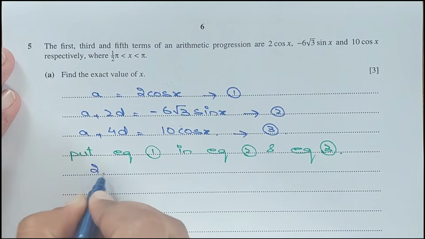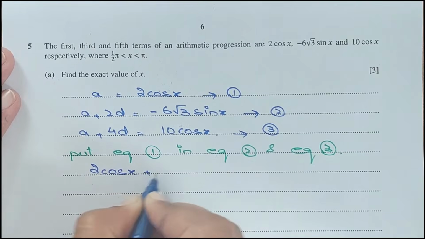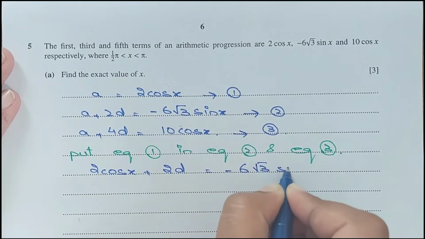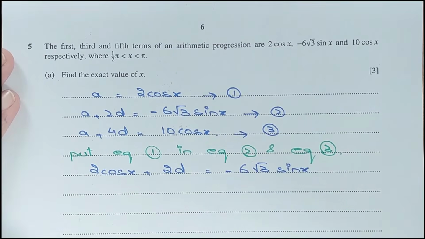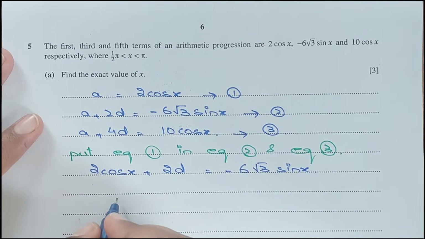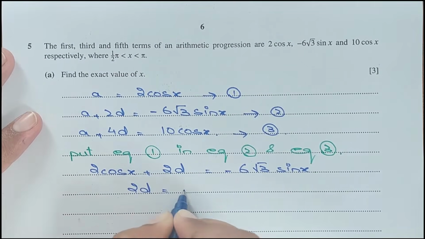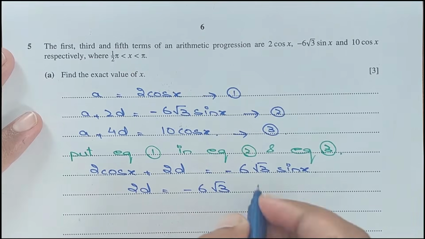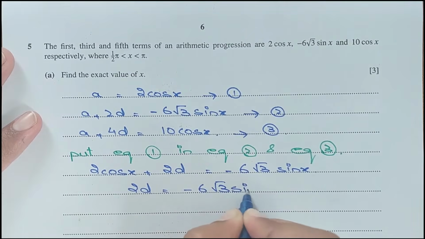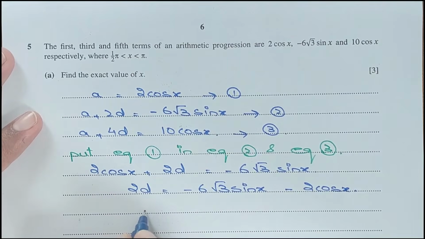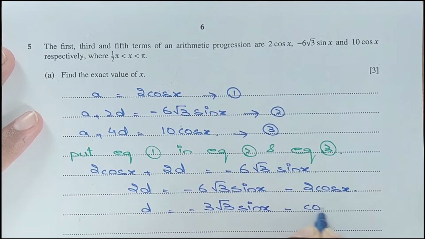So we have 2 cos x plus 2d, this is equal to negative 6 square root of 3 sine x. Let me solve for d from here, right? So we can say 2d is minus 6 square root of 3 sine x minus 2 cos x. Dividing by 2, d would be equal to negative 3 square root of 3 sine x and negative cos x.